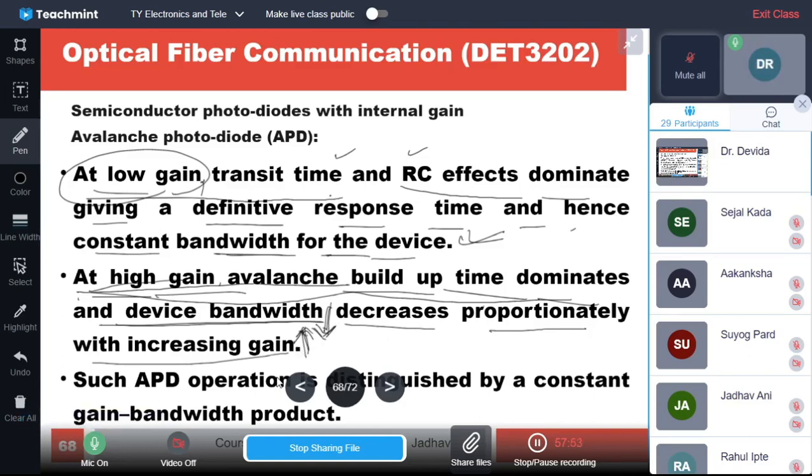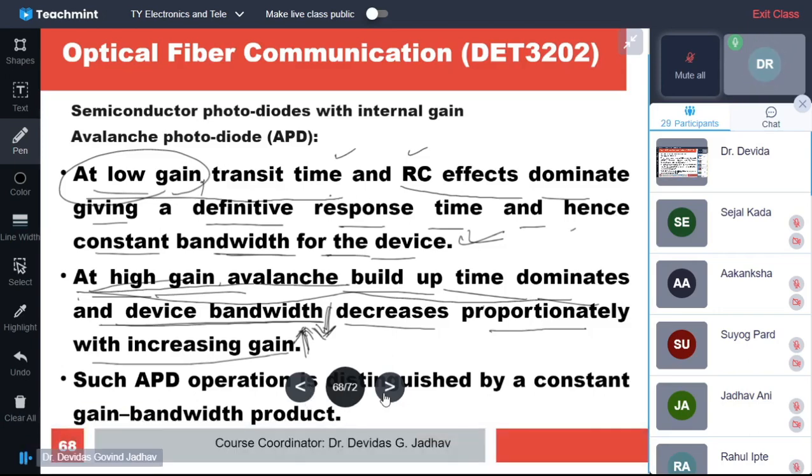So such APD operations are distinguished by a constant gain bandwidth product. Gain increased, bandwidth decreases. Gain decreased, bandwidth increases. This is called constant gain bandwidth product. The gain and bandwidth product is constant. So this type of APD operation is identified and distinguished as having a constant gain bandwidth product.